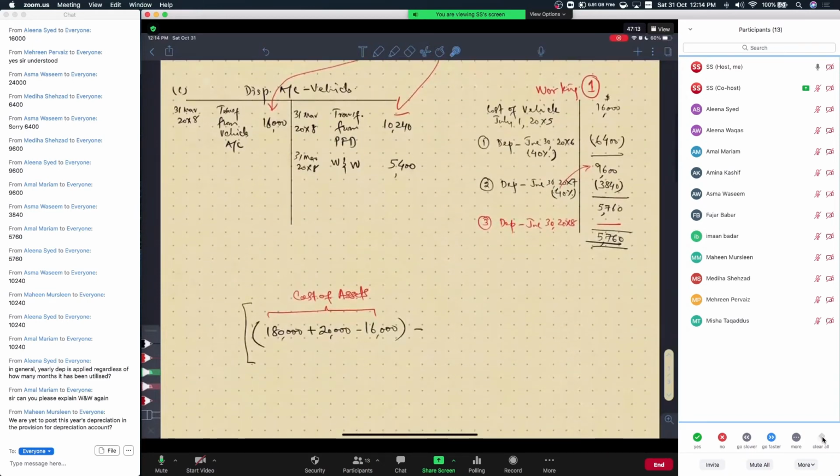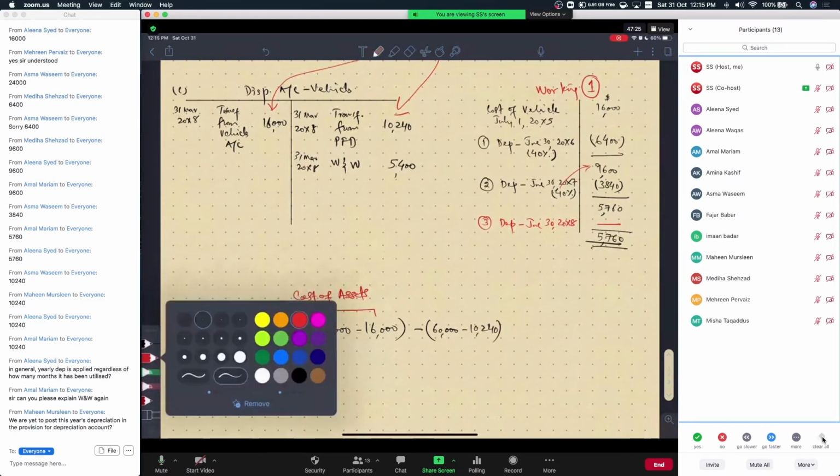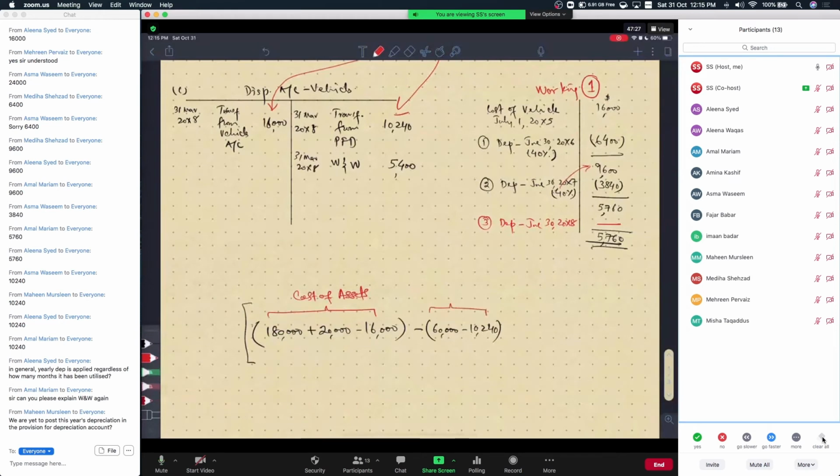You can say it was $60,000 if there were no disposals, but since there was a disposal, 10,240 should be subtracted from the $60,000, and that is your accumulated depreciation as at the end of the year. So that is your calculation, and now we will calculate the depreciation charge.